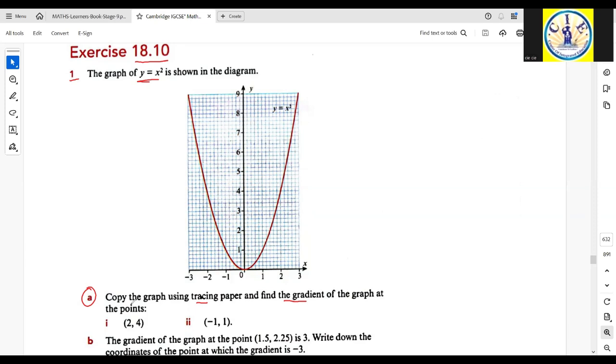Okay, for this, what do we need to do? We need to first of all jot down the point (2, 4). This is 2, and for this, y is 4, here. So we can jot it down as this is the point.